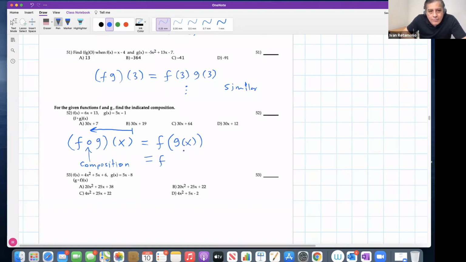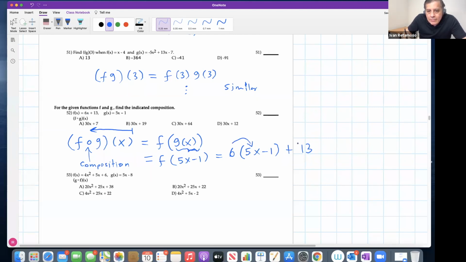But now, what is g of x? g of x is simply this 5x minus 1. And this is evaluated in the function f, which says multiply your input by 6. After that, add 13 to the result. So it should be 5x minus 1 instead of x here in the f function, plus 13.